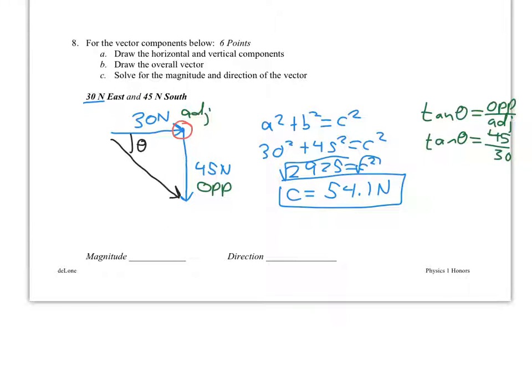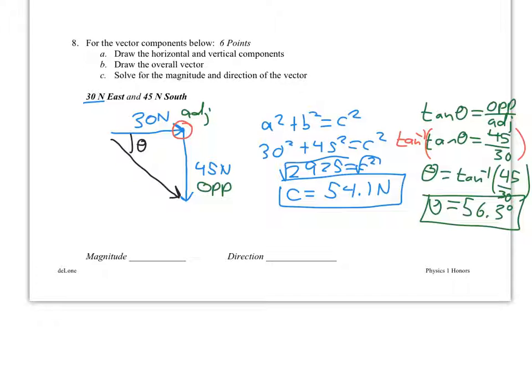I'm now going to take the inverse tangent of both sides. That's going to get theta by itself. So what I end up getting now is that theta is equal to the inverse tangent of 45 over 30. So I find that my angle in this case is going to be 56.3 degrees.